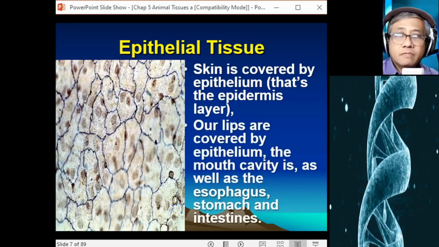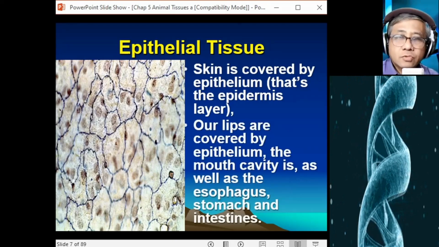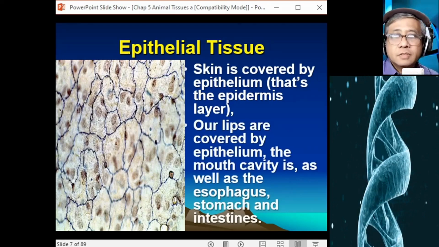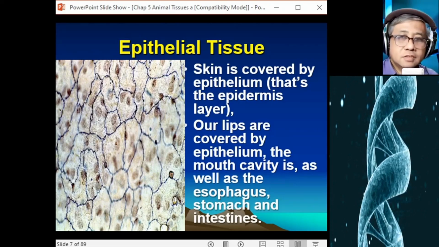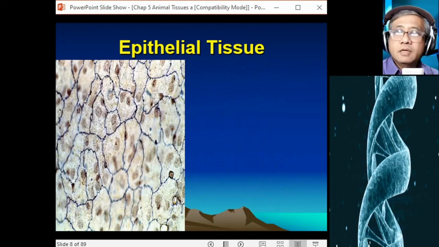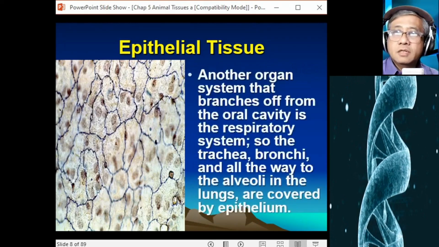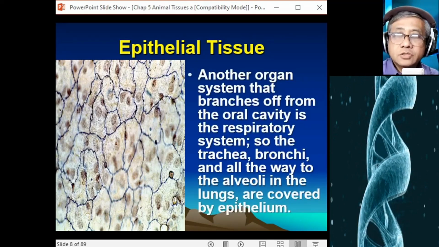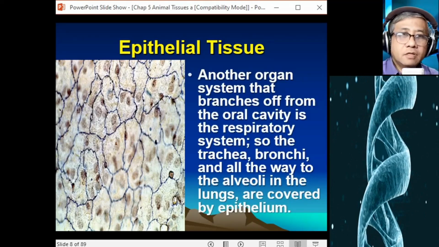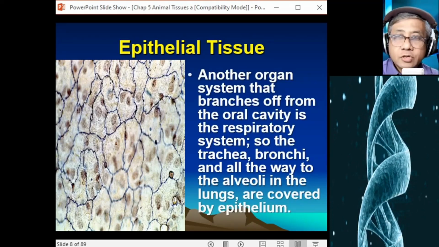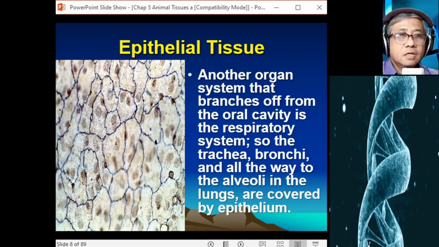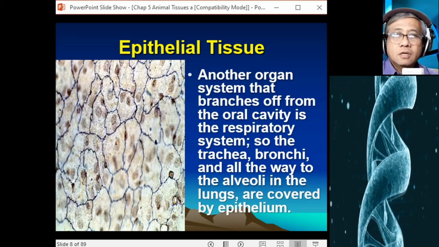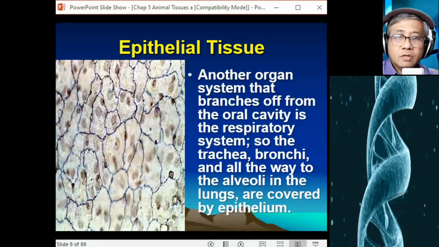Alright, the mouth cavity or the oral cavity, as well as the esophagus, the stomach, and intestines are covered with this epithelium. And also another organ system that branches off from the oral cavity is the respiratory system. So this includes the trachea, the bronchi, all the way to the alveoli.